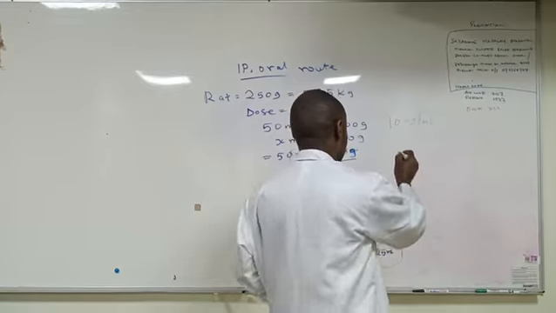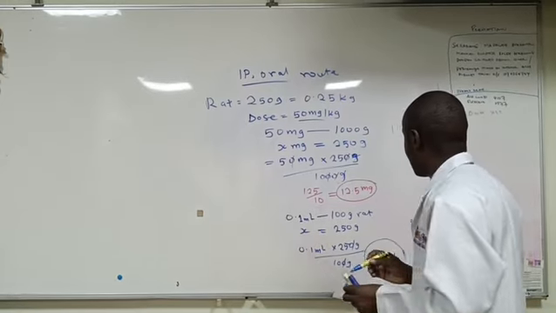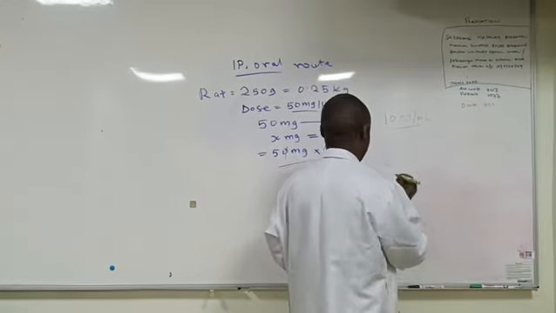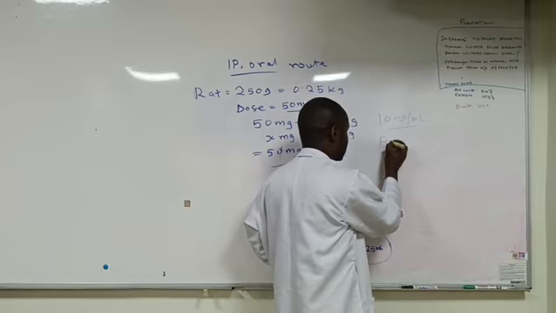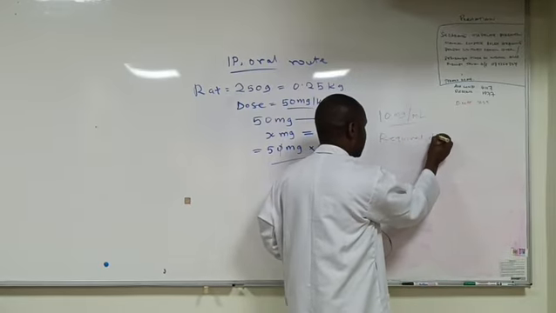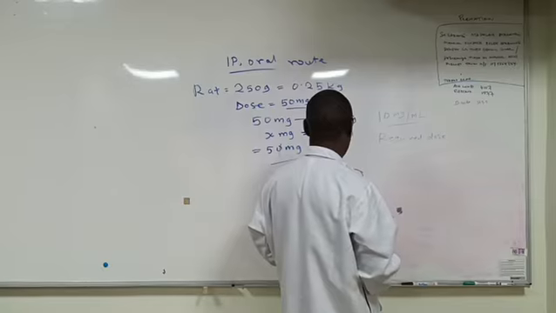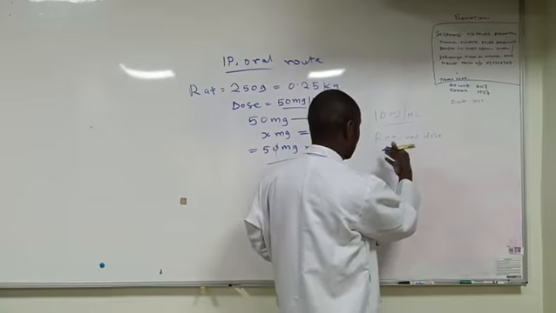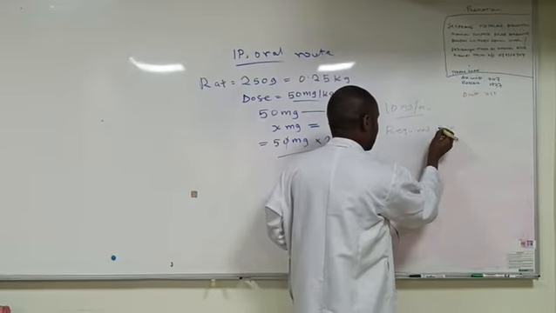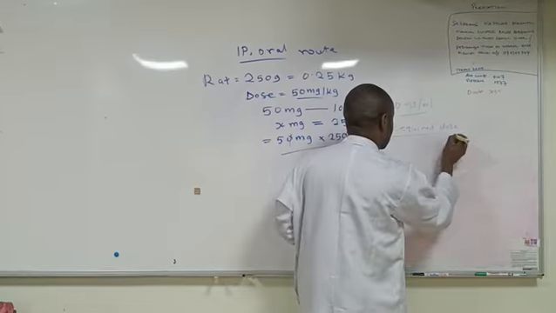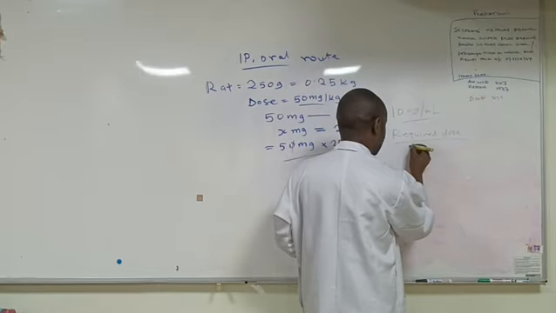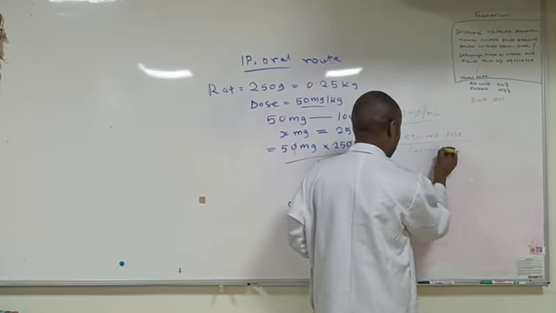So this concentration is important. So the amount to be administered orally should be the required amount to be administered over the available concentration.